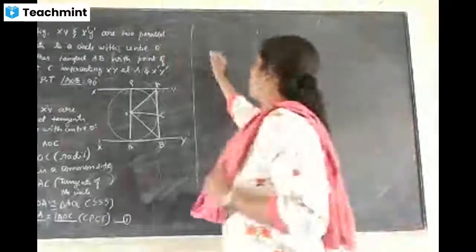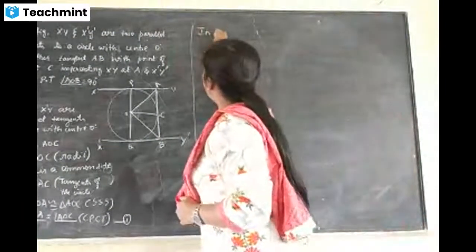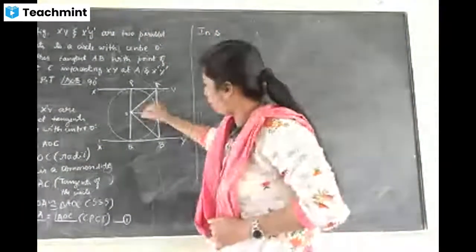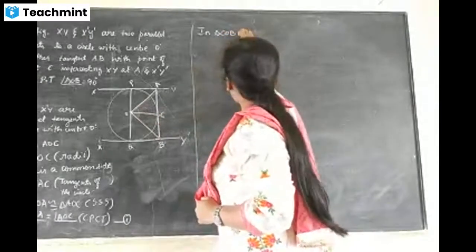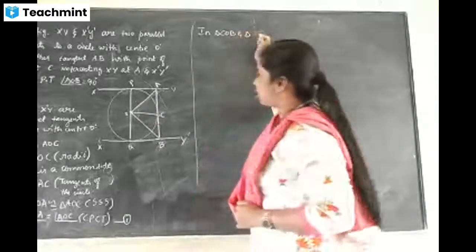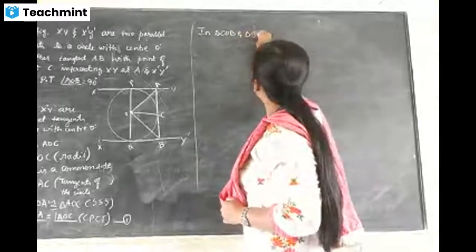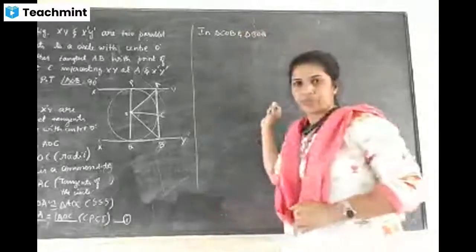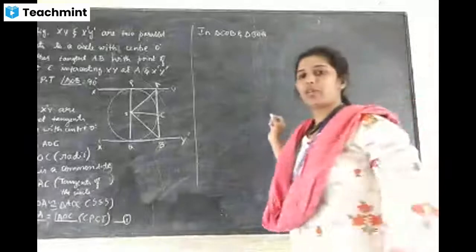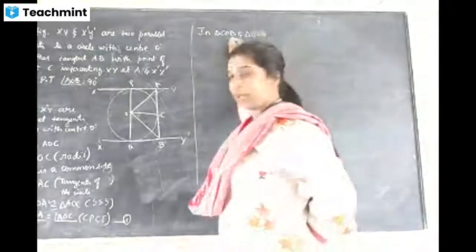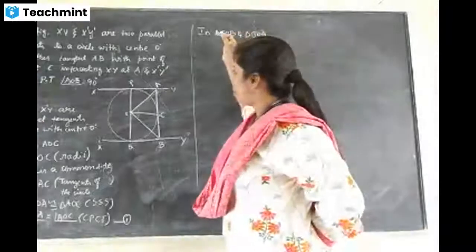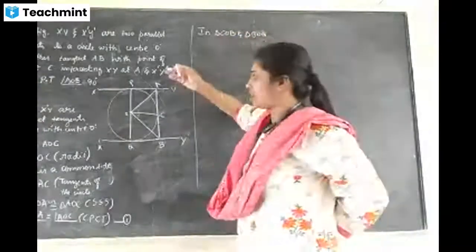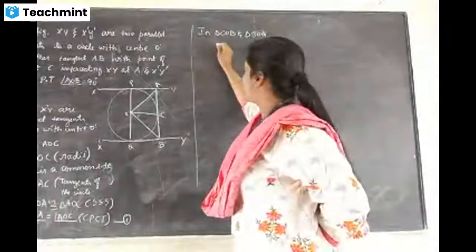Next, in triangle COB and triangle BOQ. Now I can write directly also. Which two are equal?